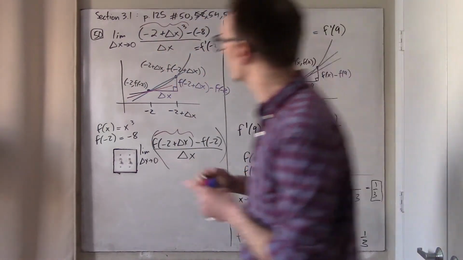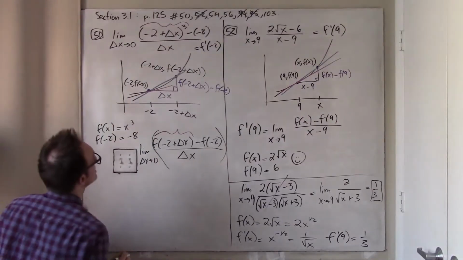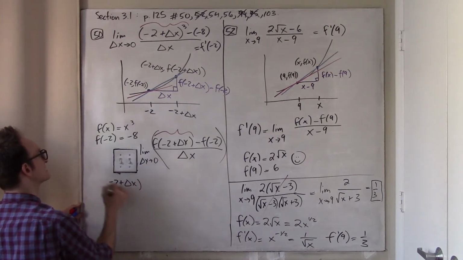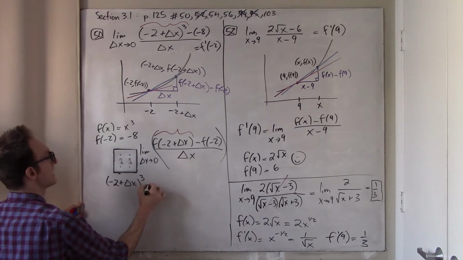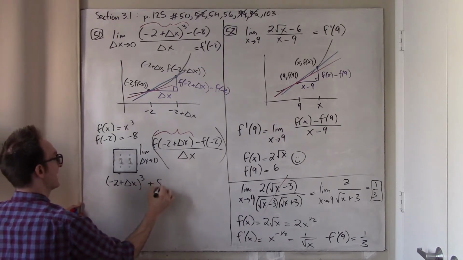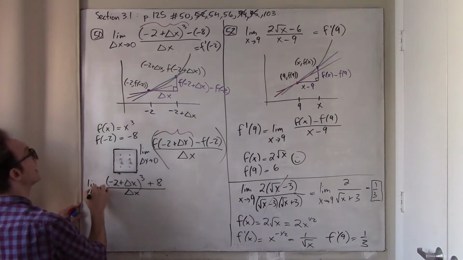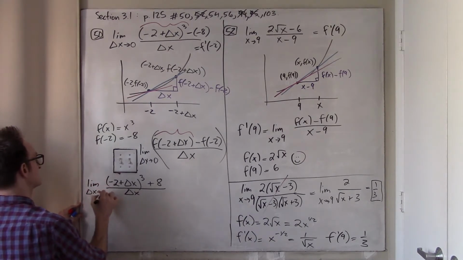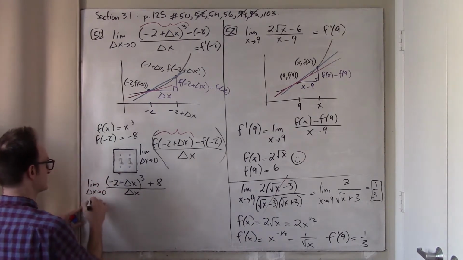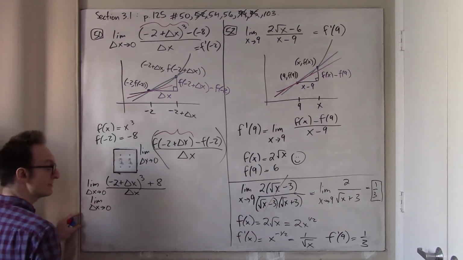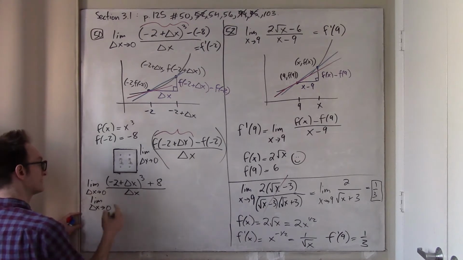And once again, we're free to just do this limit. So if you give me -2 plus delta x cubed plus 8, over delta x, and alright, we've come this far, so let's just do it. Maybe this is not essential, but I can do this limit even if I didn't know anything about derivatives. How?